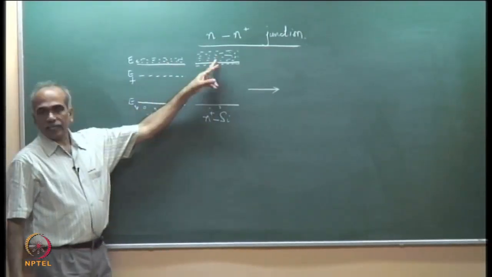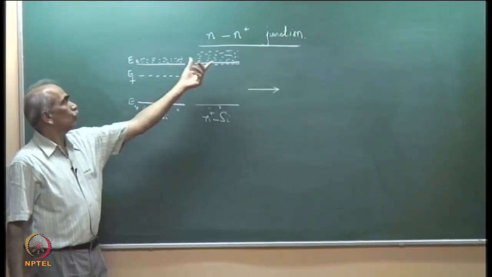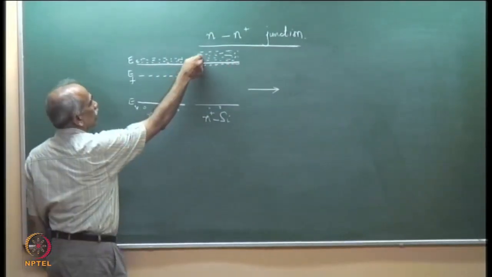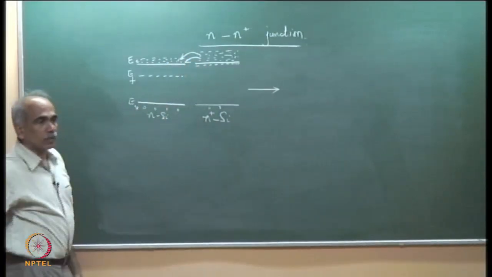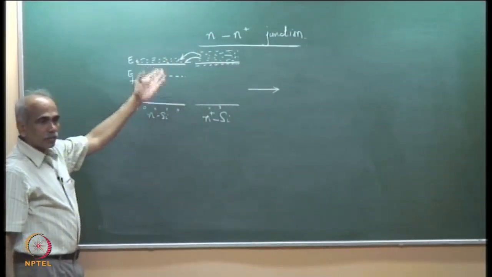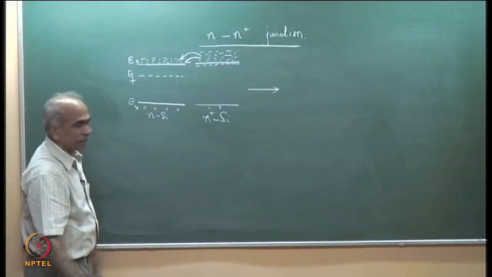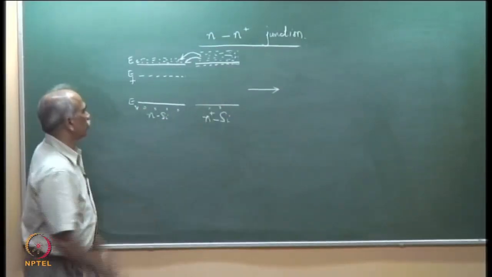So, you can see a carrier concentration difference. Water here is more, so water would start flowing here. Electron has a higher concentration there, so it will start migrating to this when a contact is made. This is before contact.